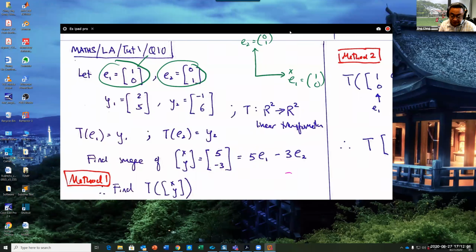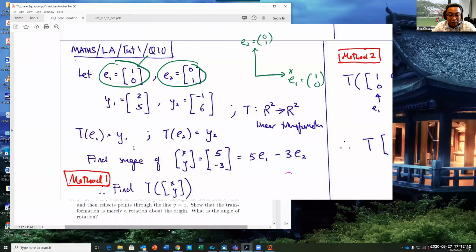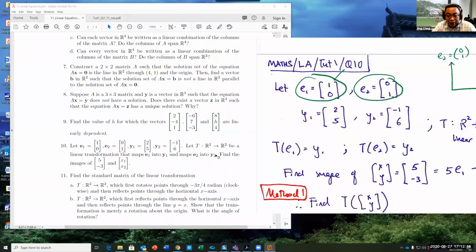All right. Then the question says, E1 gets mapped to Y1, E2 gets mapped to Y2 through this linear transformation T. So the lingo is this.